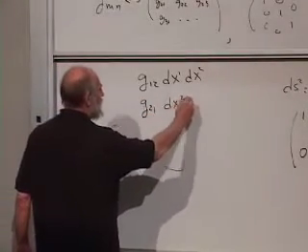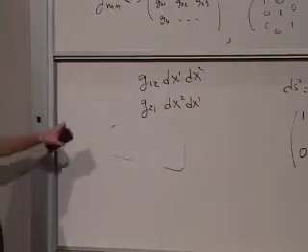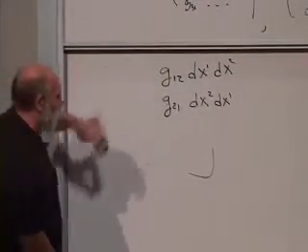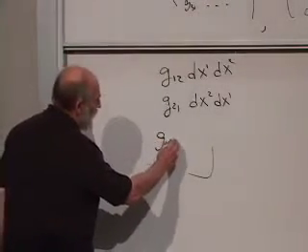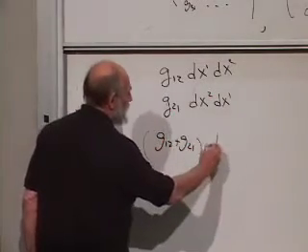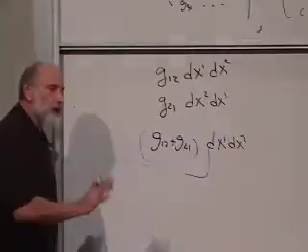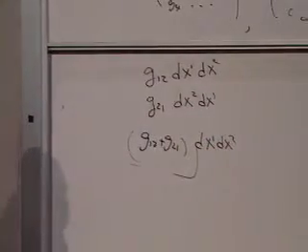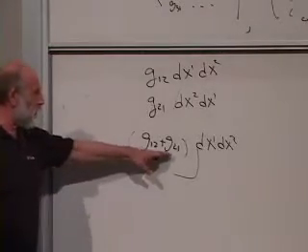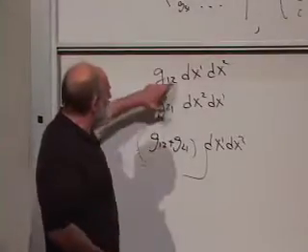What does G21 multiply? It multiplies dx2, dx1. But really, what that means is that the only thing that comes in when you calculate ds squared is G12 plus G21 times dx1, dx2. Only the combination G12 plus G21 enters into anything. That means you can take G21 and G12 to be equal to each other and divide it symmetrically.